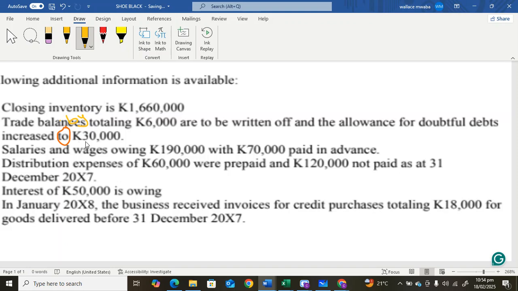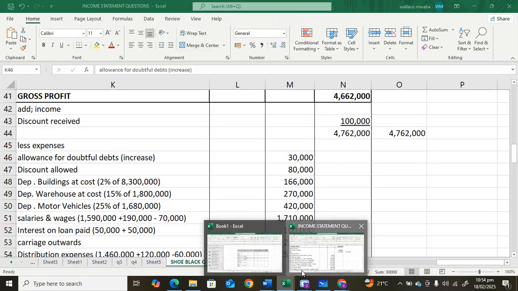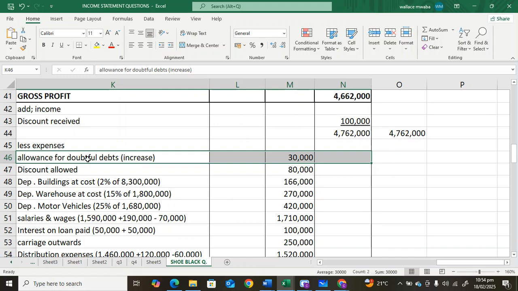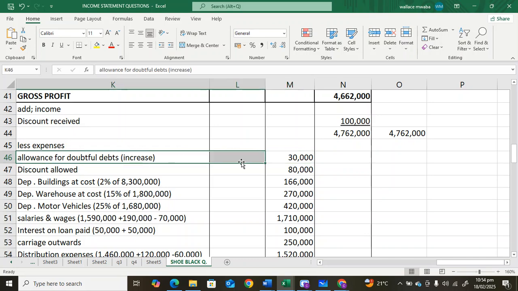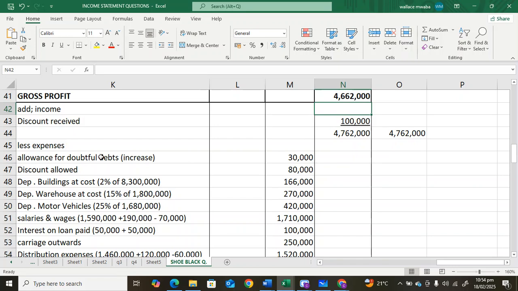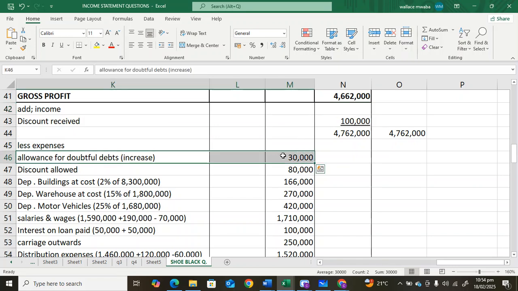So this 30,000 will be treated as an expense. Here we're going to say allowance for doubtful debts increase, 30,000. If there is a decrease, add it to the gross profit. Any questions?